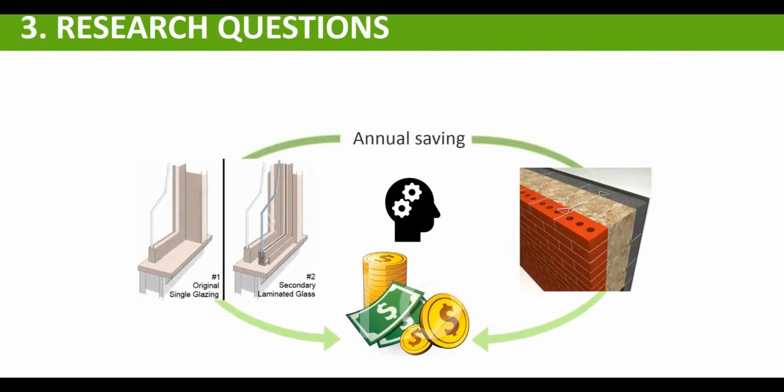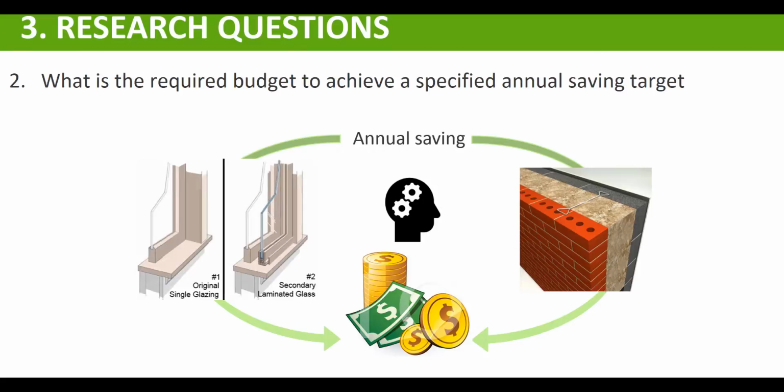And the second research question was, what is the required budget to achieve a specified annual saving? We saw from that figure that for a specific annual saving, the model calculated how much money we need and what is the optimal use of that money.